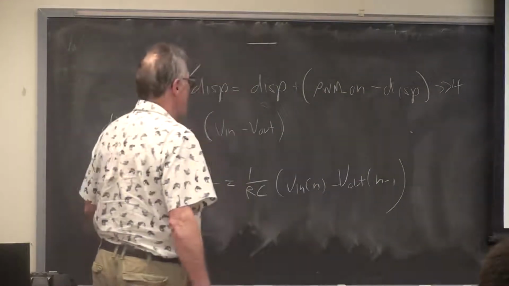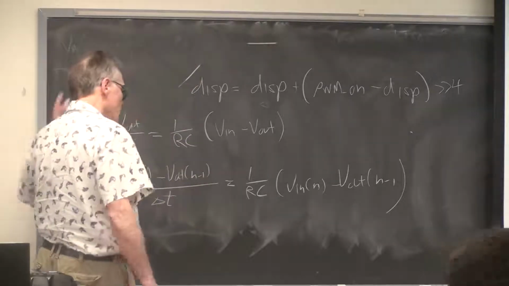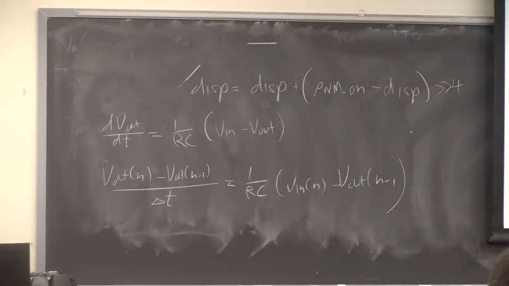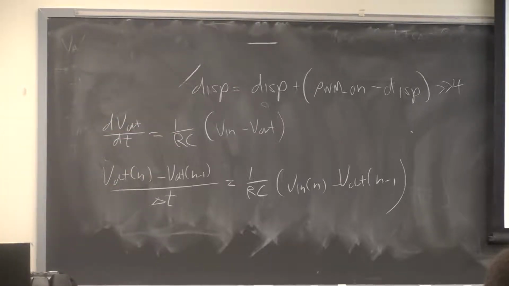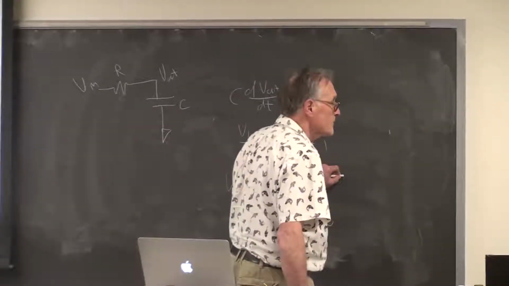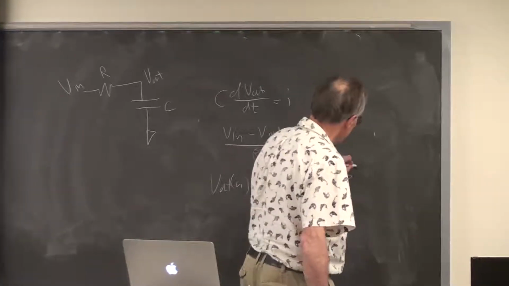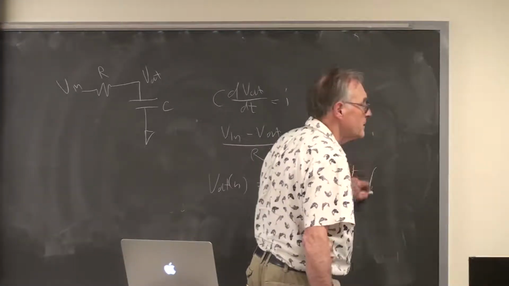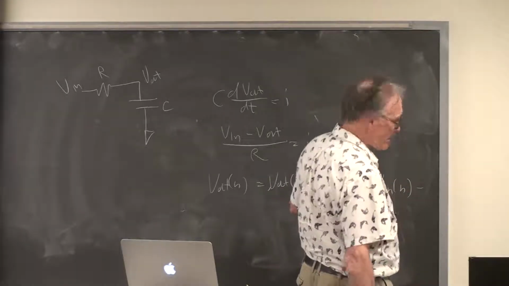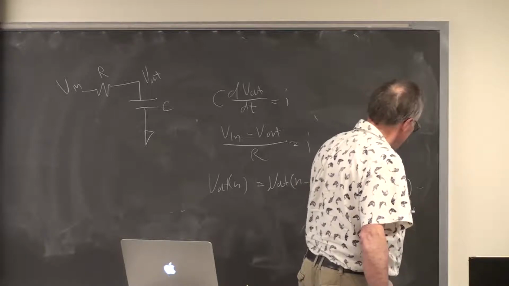And then when we rearrange this, we have V out at time n, which is the value we're going to display, equal to V out at time n minus 1 plus delta t over RC times V in n minus V out n minus 1.